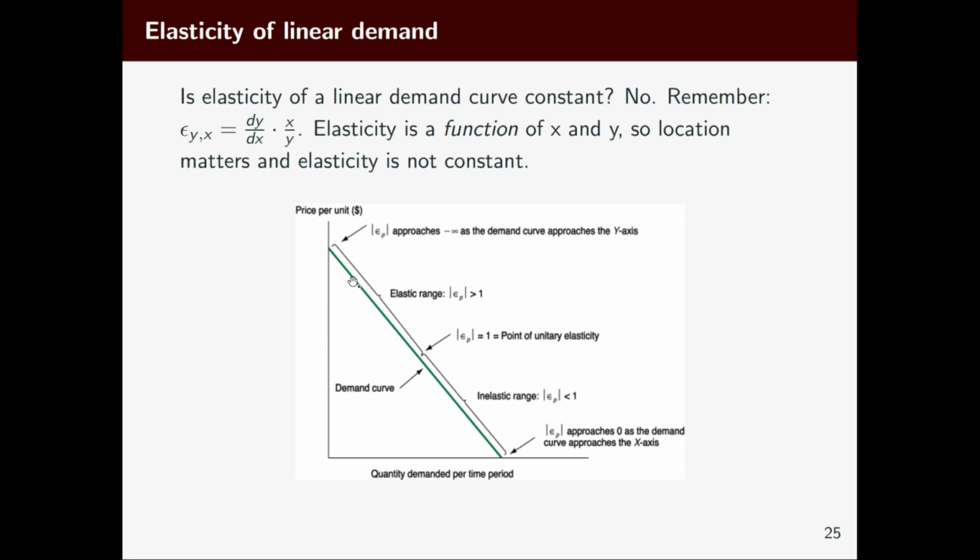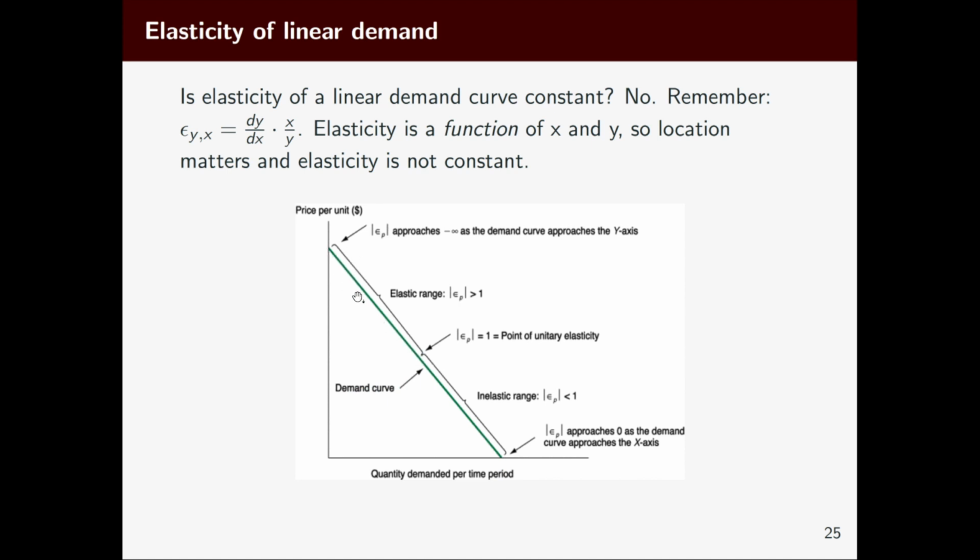So if the market equilibrium is way up here, then we have a really small x and a really big y, meaning that this elasticity is going to be a very small number, okay? And vice versa, if we're way down here on the demand curve, then the elasticity is going to be pretty small down here and pretty big up here, okay?